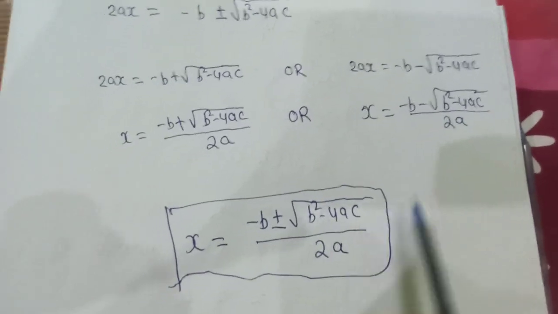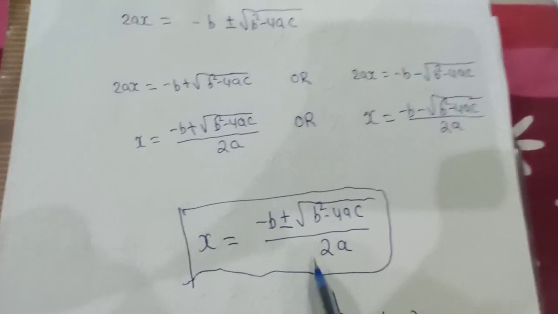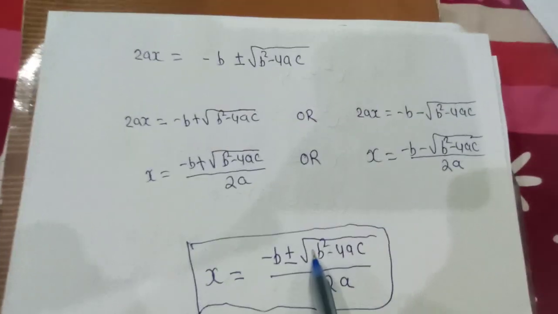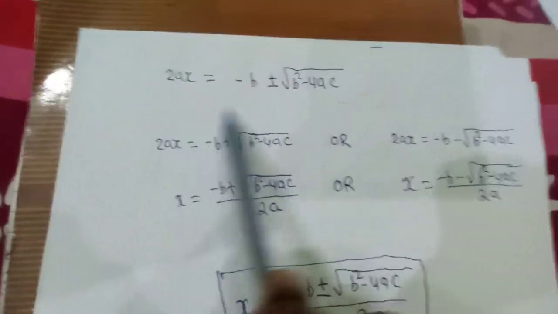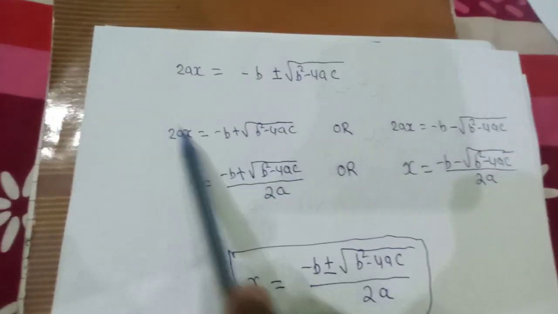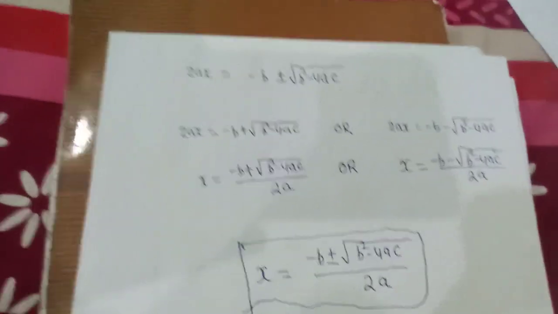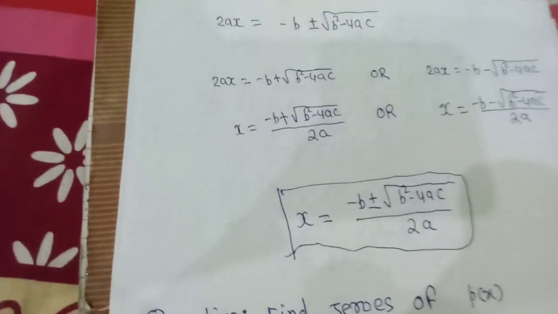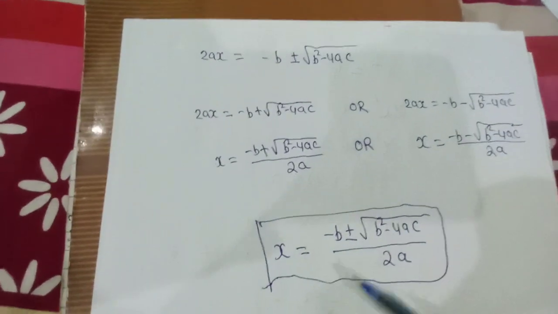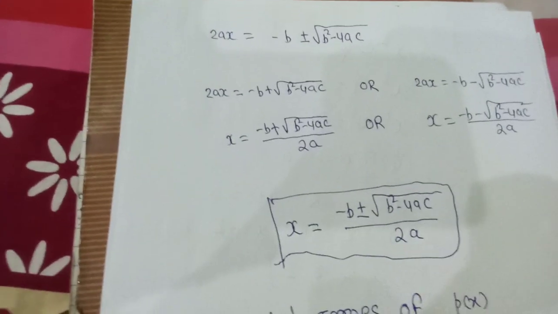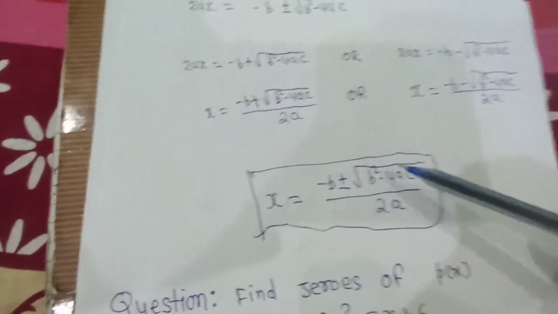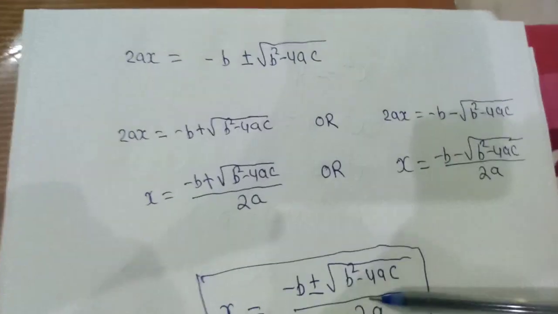In most books you will find the value of x given by this formula, but I find this very useful in memorizing the formula. Once you solve 2 or 3 problems, you will not be worrying about the formula, because it is pretty handy and pretty easy.